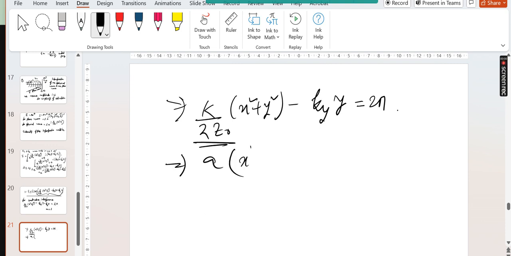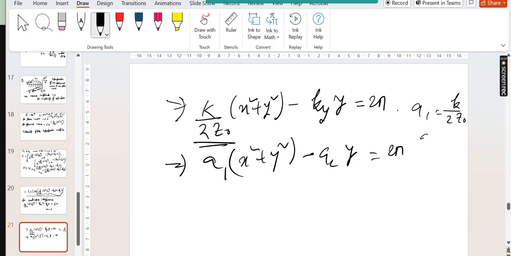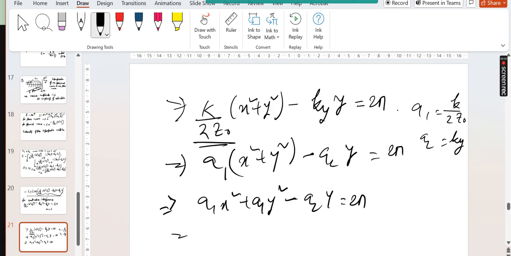We can write a1 into x square plus y square minus a2 y is equal to 2 pi. So a1 is equal to k by 2z naught, a2 is equal to k y.